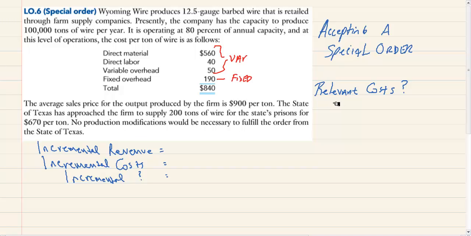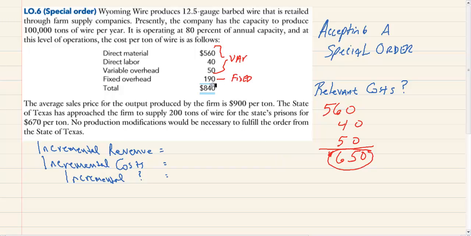So first of all, we need to point out what the relevant cost would be. The only relevant cost would be our variable cost of $560 and the $40 and the $50. It gives us a total of $650. That is the total amount of relevant cost. And you say, well, wait a second, what about the $190?